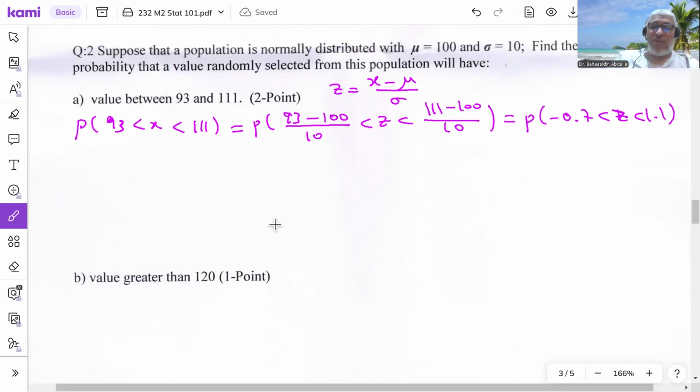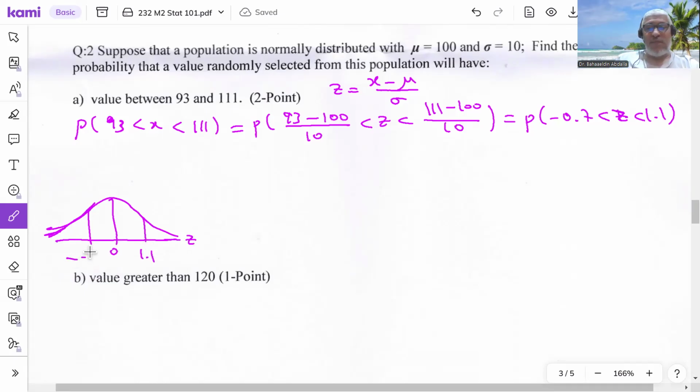How can we find this probability? Well, this is the distribution, the graph of the z distribution. This is z. This is 0 here. 1.1 is somewhere here. -0.7 is somewhere here. We need to find this area. Well, the table gives this area only, not from here to here. So the table will give me the probability from 0 to 1.1.